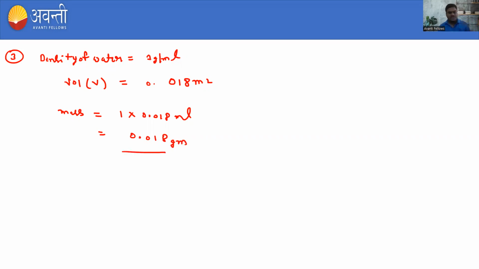Now we know the number of moles in this many grams of water. How will you calculate moles? Mass upon molar mass. So this comes out to be 0.018 upon the molecular mass of water, which is 18.